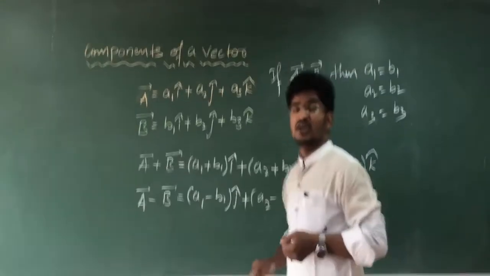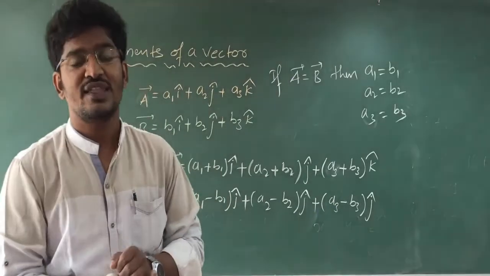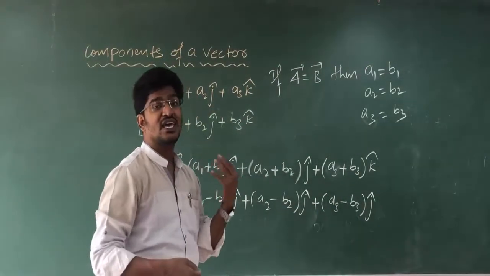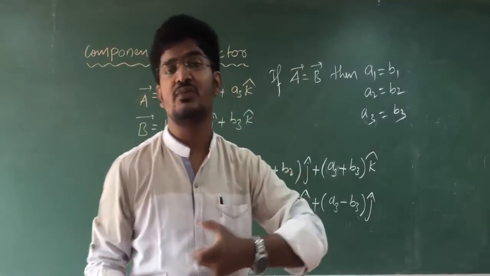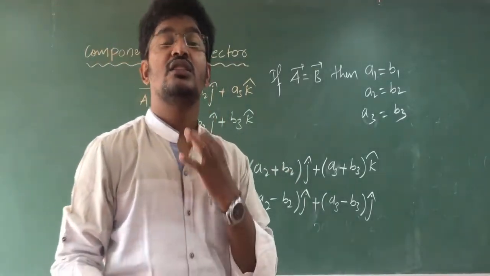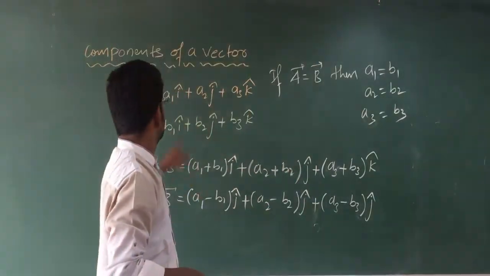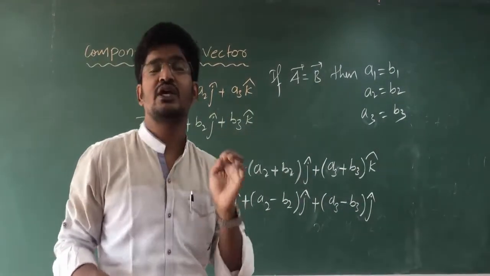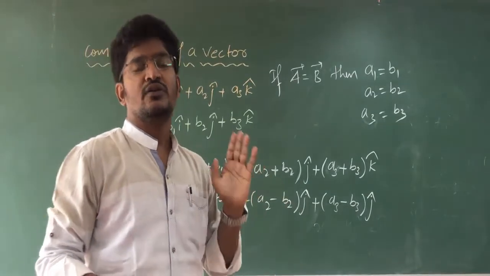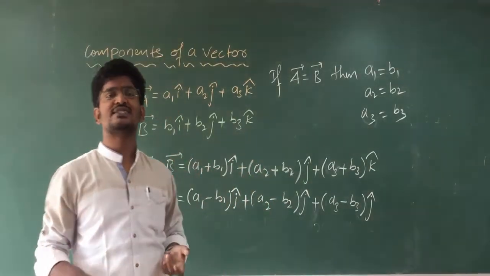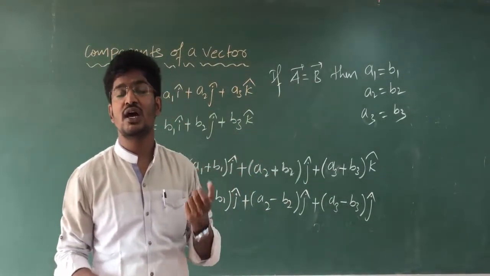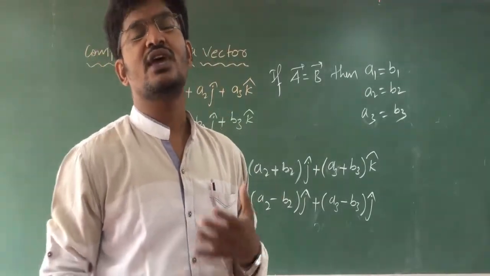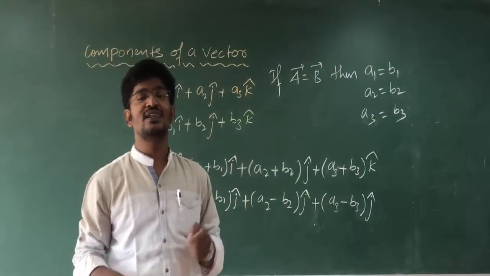That means the scalar components of vector A and vector B have to be equal. Then only you can say that these two vectors are equal. Already we have written the definition of equal vectors, that is if two vectors have to be equal, their magnitude and the direction have to be same. Clear? Then only we can say that they are the equal vectors.